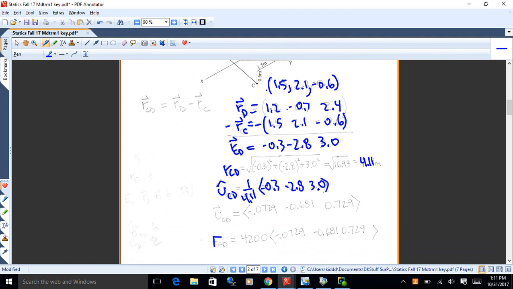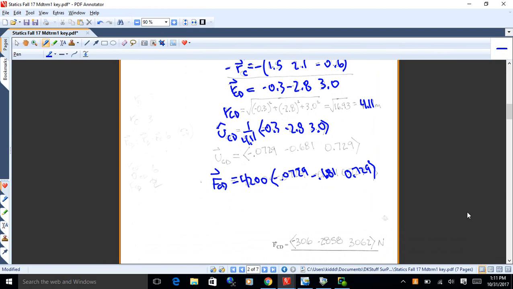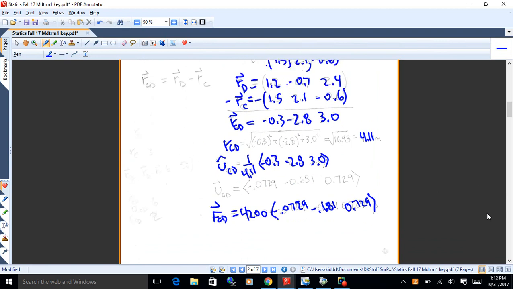And then to get the force vector, you take the force magnitude of 4200 times the unit vector, which is 0.0729, negative 0.681, and 0.729, and that'll get you the force vector. Okay, and that comes out to be negative 306, negative 2858, and 3062. Units on that are newtons. Okay, so that's how you find the force vector.